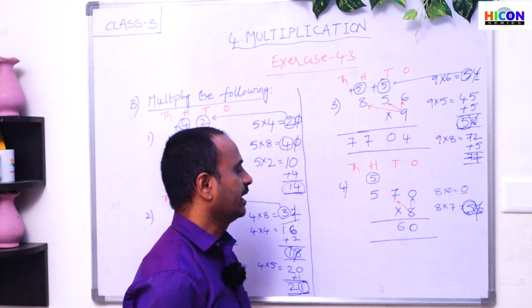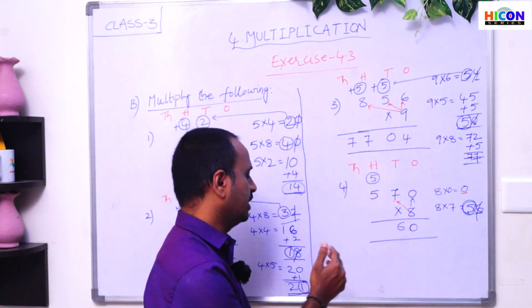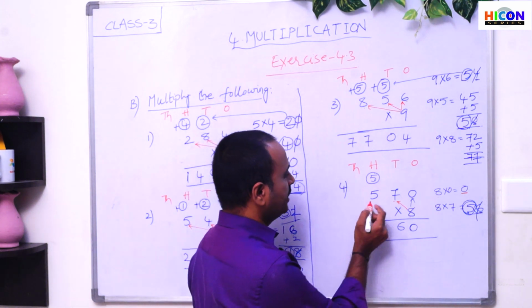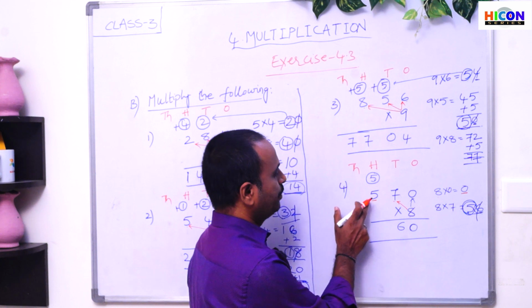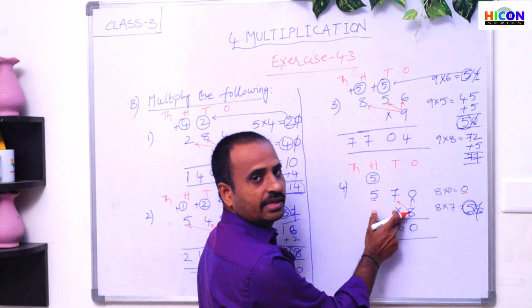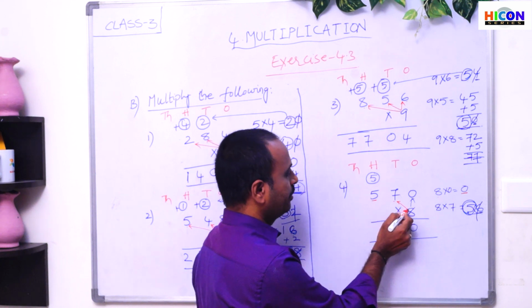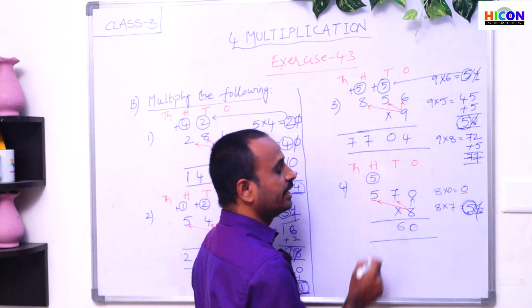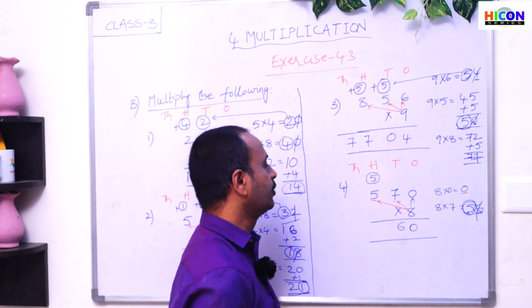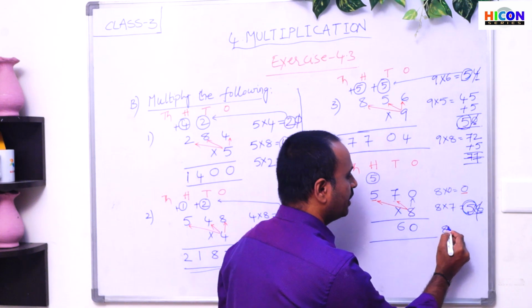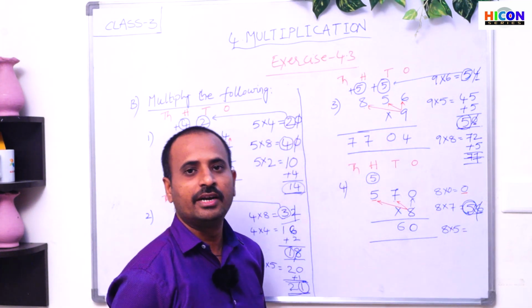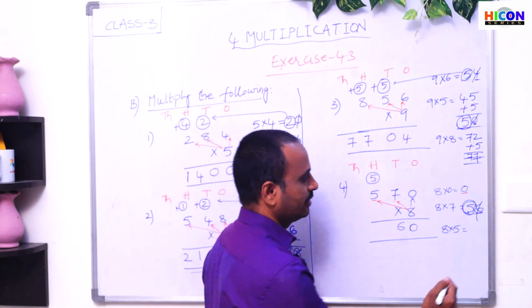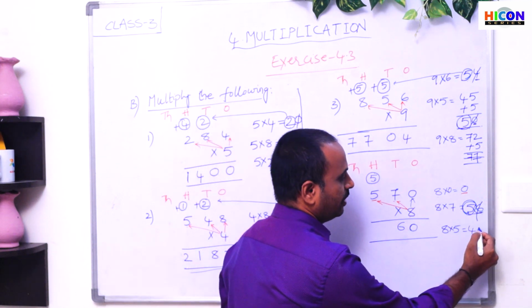So now again do the multiplication with hundreds place. What is present in hundreds place? 5 is present under hundreds place. Multiply this 5 with 8, that is 8 into 5. 8 fives are? Children, how much? 40.